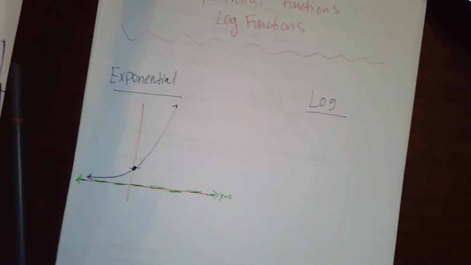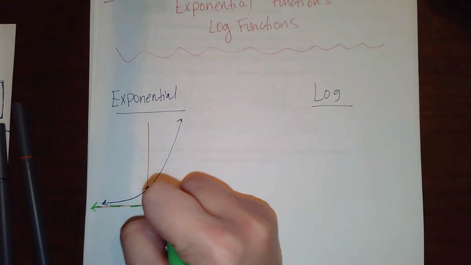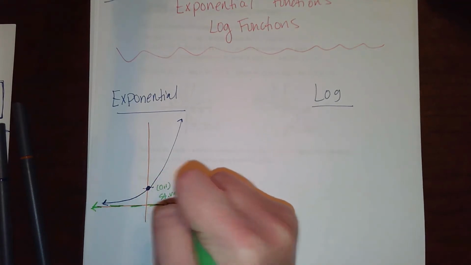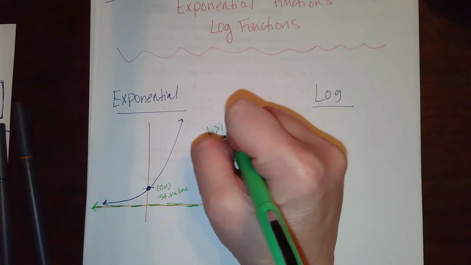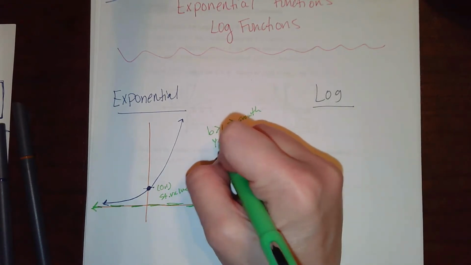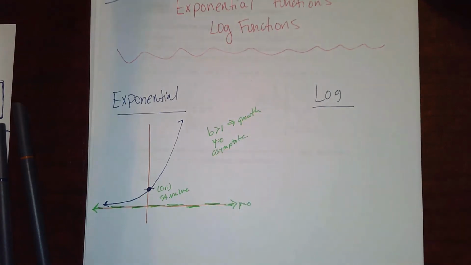On this exponential function, I'm going to have a starting value at (0, 1). So that's my a value, my starting value. My b value has to be greater than 1 because this is growth. And y equals 0 is my asymptote. Those are all things I noticed from my basic exponential function.